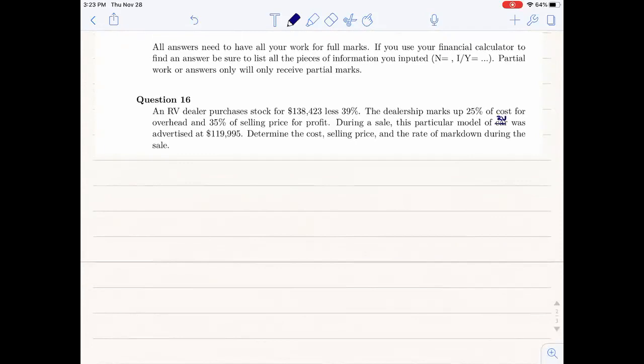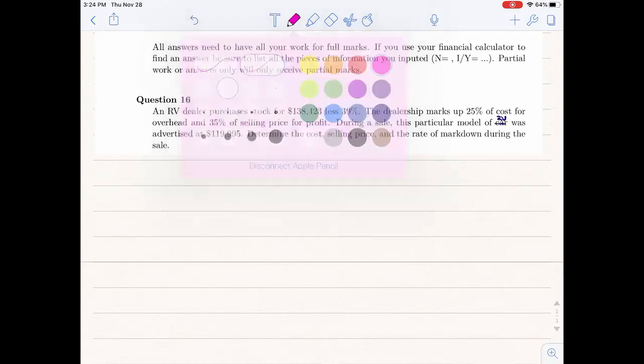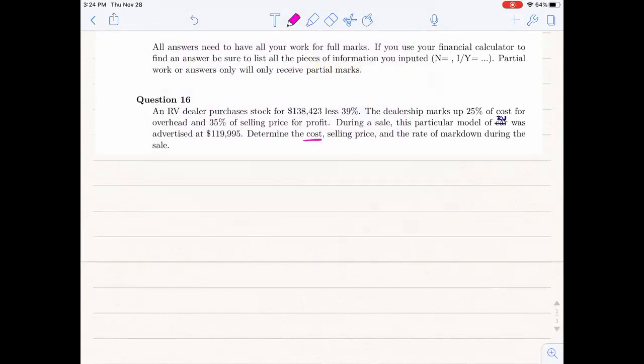That doesn't matter, but whatever. Was advertised at $119,995. Determine the cost, the selling price, and the rate of the markdown during the sale. Right. So just to remind ourselves here, I want to find C, the selling price is S, and the rate of the markdown is the ROMDA.